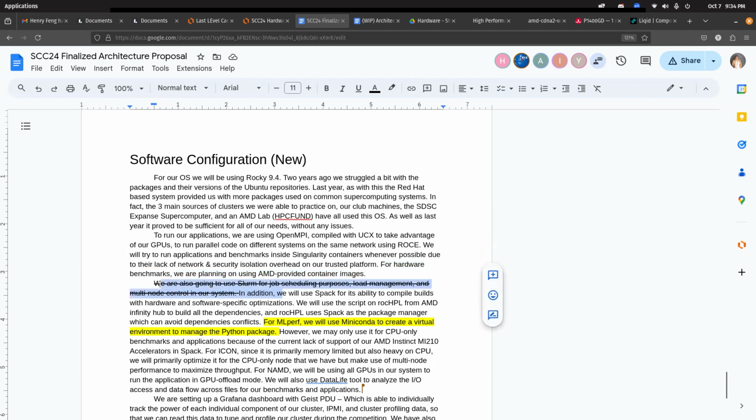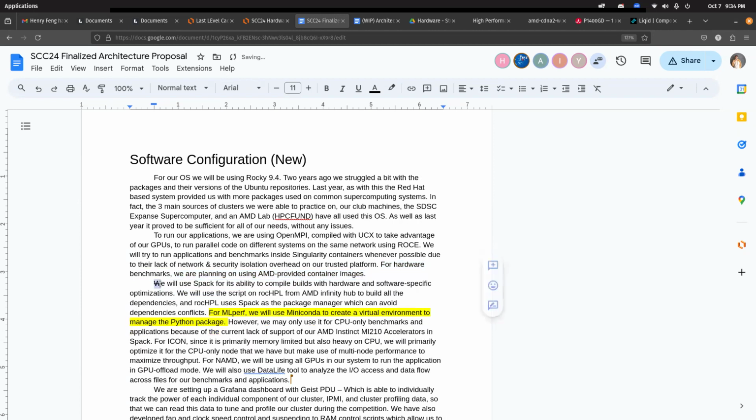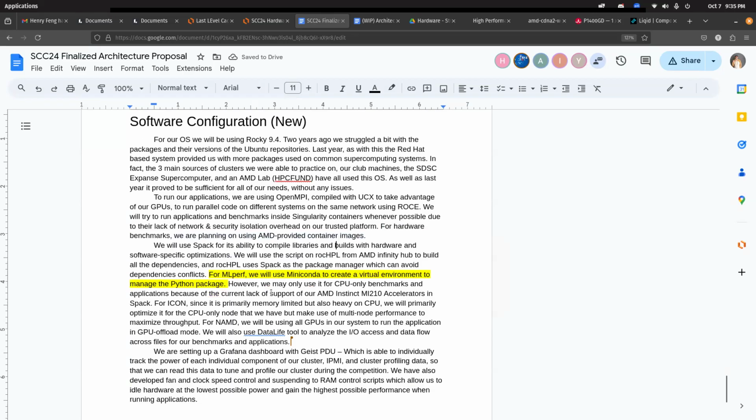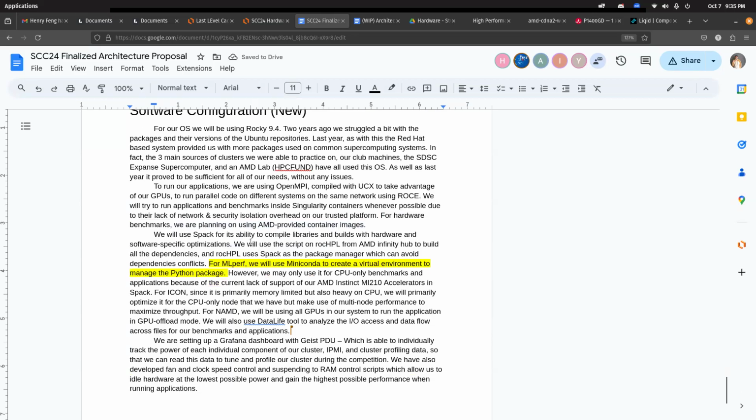I think we're almost done. Sorry, what are the three gray blocks standing for? Storage. Oh, storage. Okay.